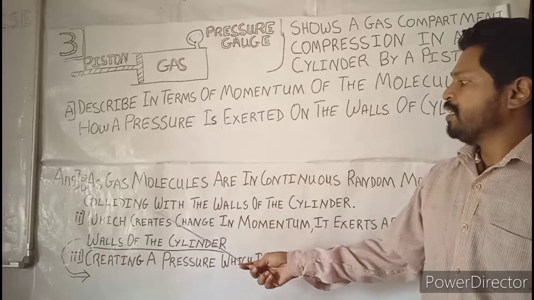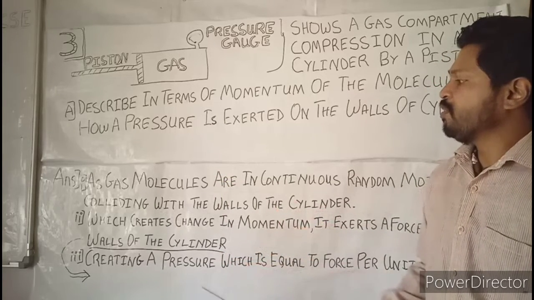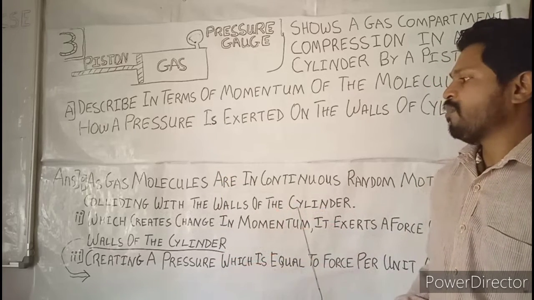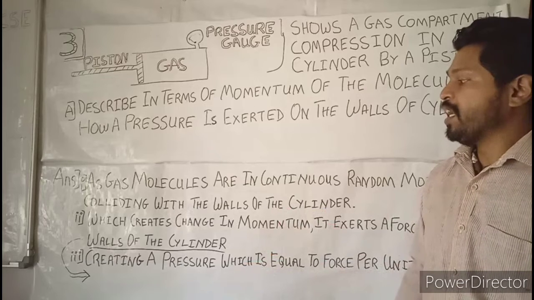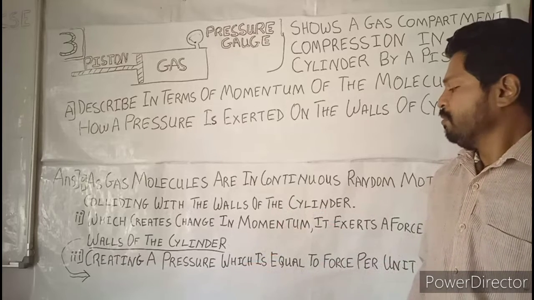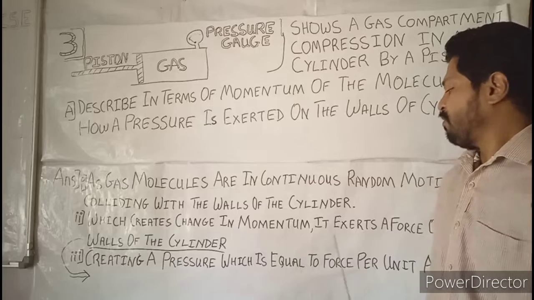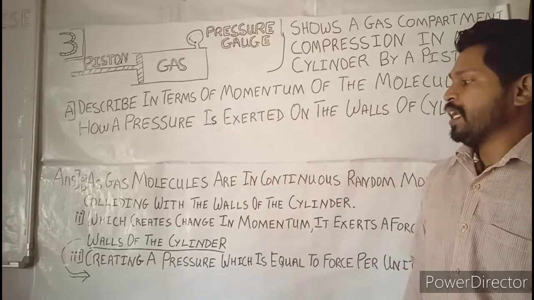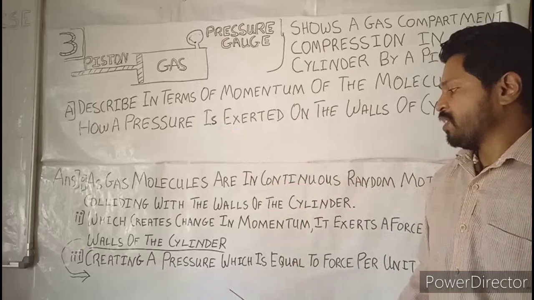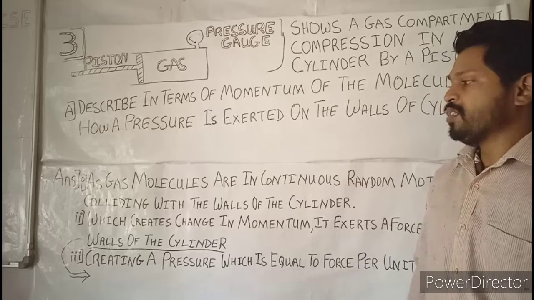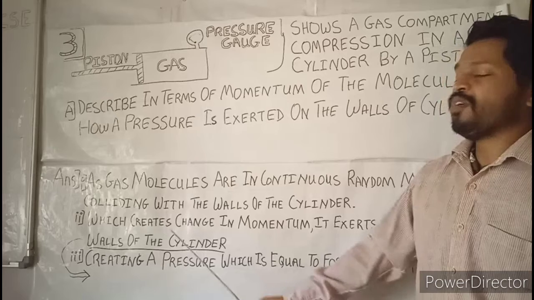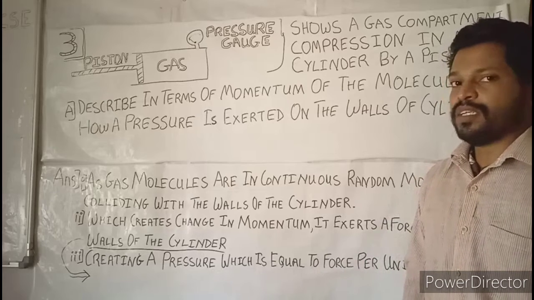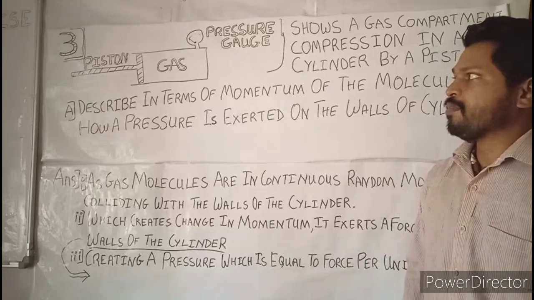The gas molecules collide with the wall of the cylinder, which creates a change in momentum, and this momentum exerts a force on the walls of the container, and this creates a pressure, which is equal to the force applied on the walls of the cylinder. So this is the answer we have.